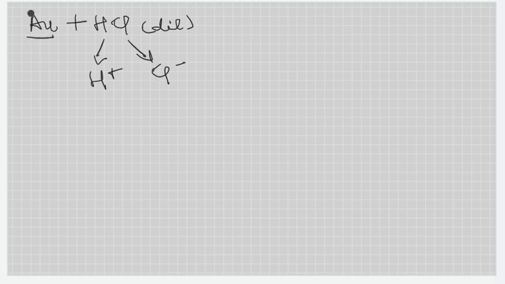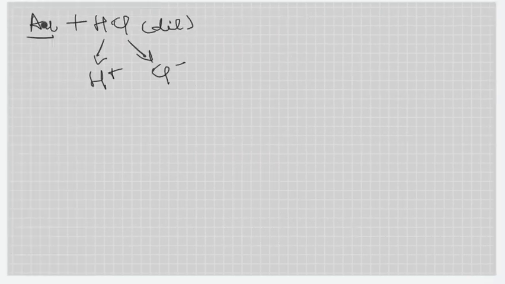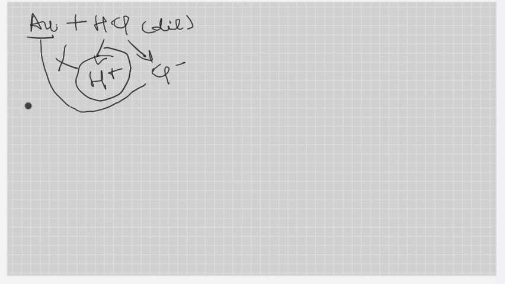Now gold, even though it's a metal, let us have a look at the reactivity series here, and gold is less reactive than hydrogen, and this means that gold is not as powerful as hydrogen. So even if gold is added to hydrochloric acid, gold fails to displace hydrogen from hydrogen chloride, and that's why it cannot form a bond with the chloride ion, and that's why this reaction does not occur.